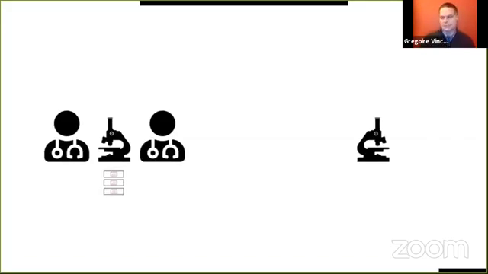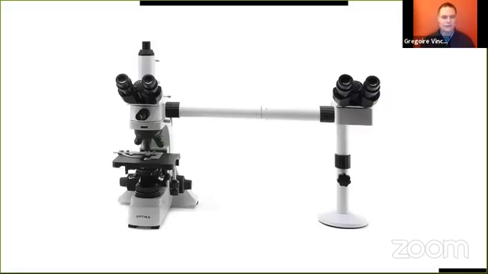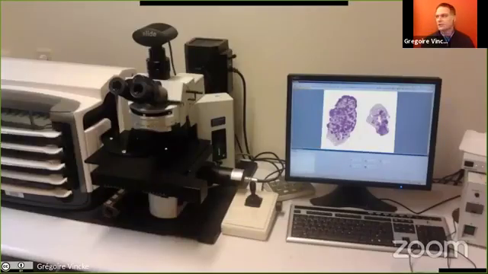Generally, it's the pathologist who moves close to his colleagues, using quite funny adaptations of microscopes, like this dual head here, which lets two people see the image, but not really collaborate and add useful information.